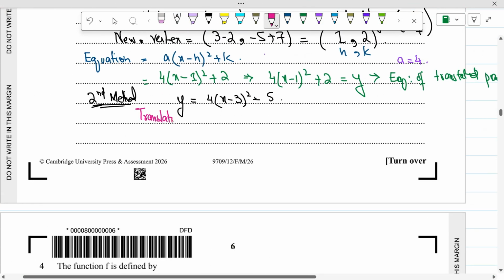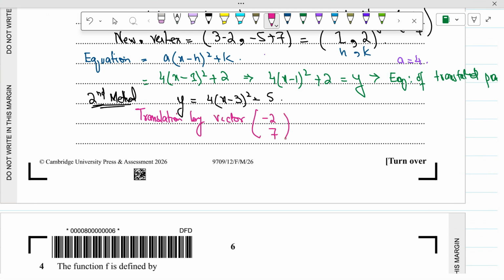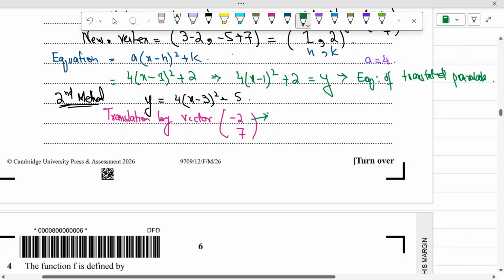Translation by vector (-2, 7): -2 means that the graph has moved towards the left side by 2 units.